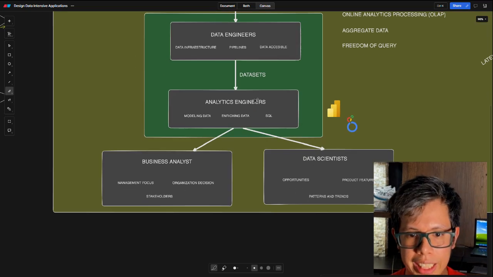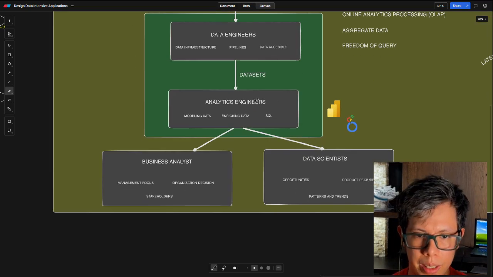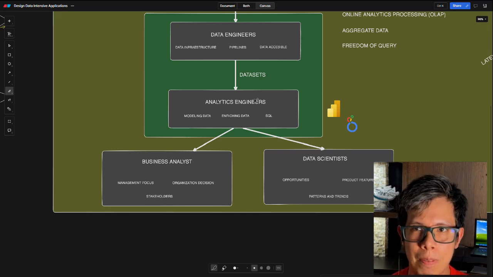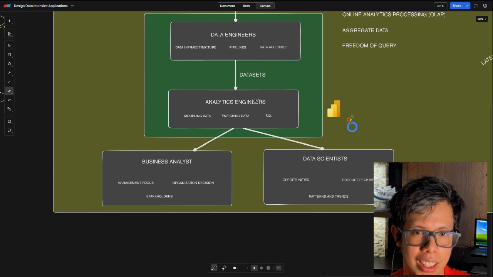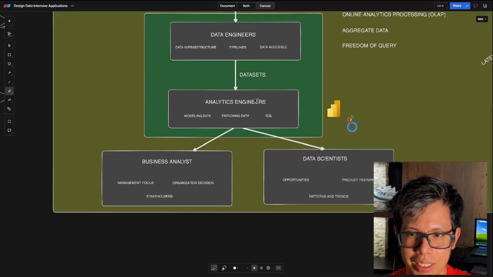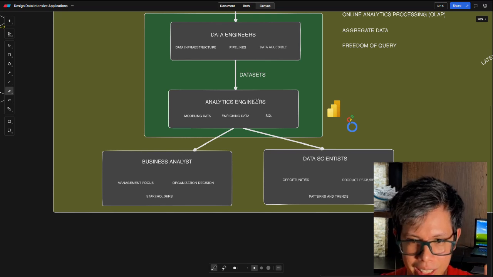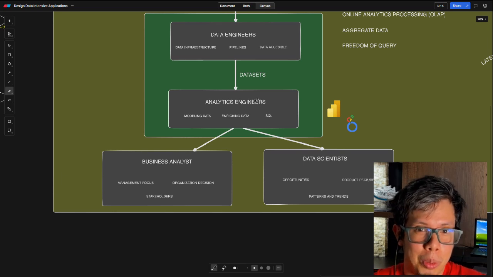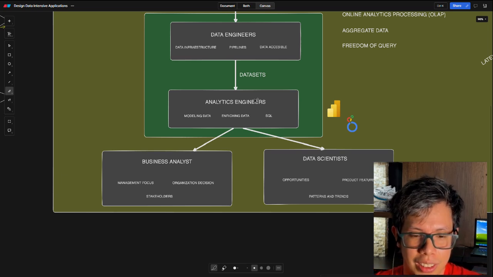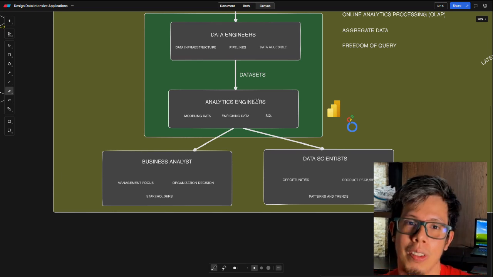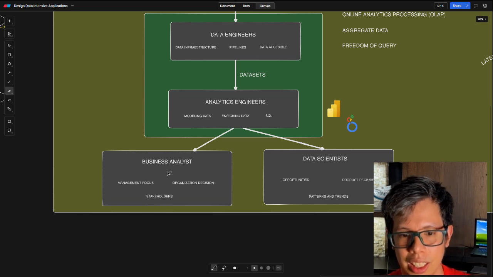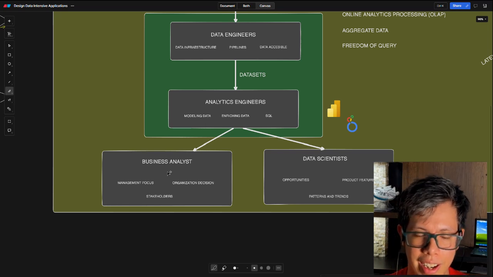Okay, so the analytics engineer will work with modeling the data, but who will decide which model of the data to create? I have the data, I can model it, but which model do I have to create? So for that, we have another role here: the business analyst and the data scientist, who obviously have different responsibilities.